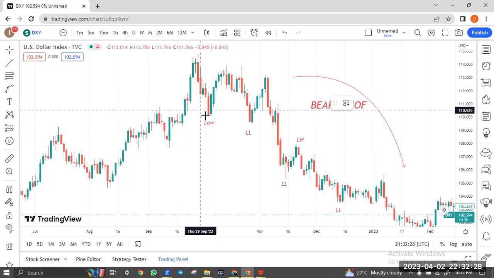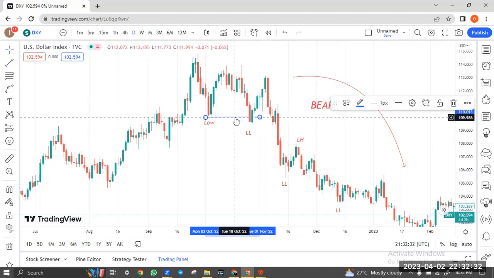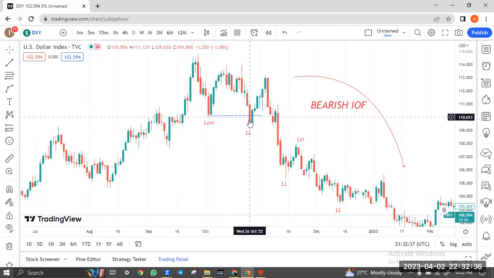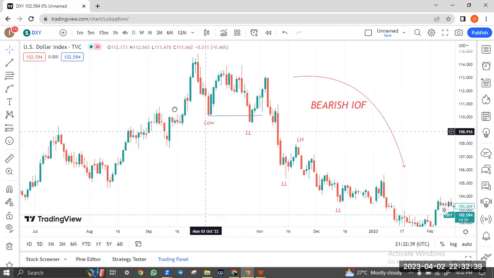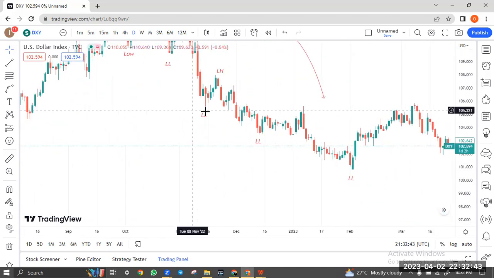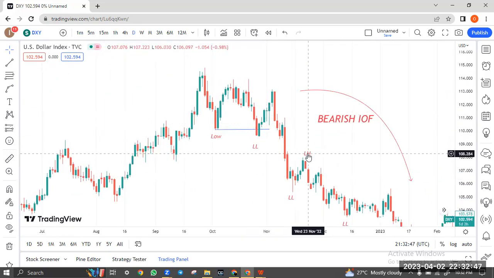You see that the market made a lower low. This low took out this previous low, a lower low. This is another low, took out this one, lower low. So when it is coming down, it makes lower lows and lower highs.